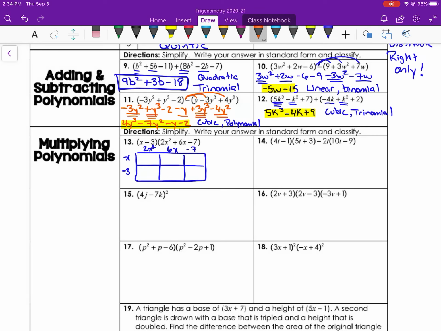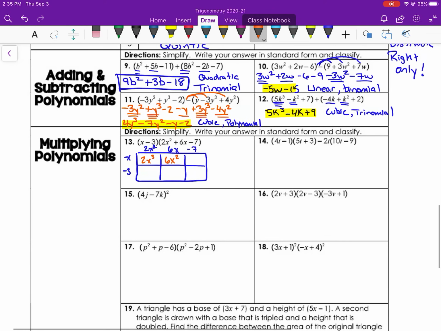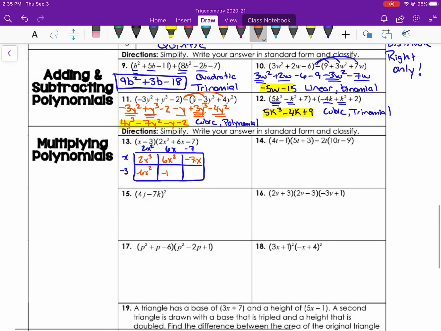So 2x squared and x make 2x cubed. You're finding the area of each square or rectangle, whichever you want to call it. 6x squared, minus 7x, negative 6x squared, minus 18x, plus 21.